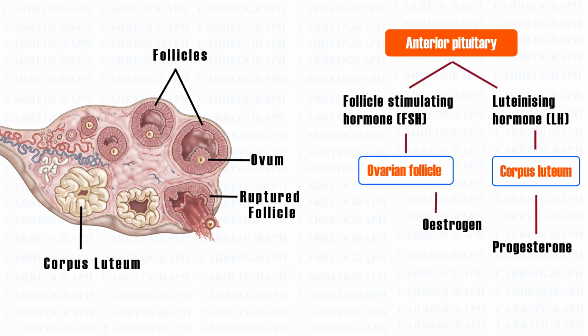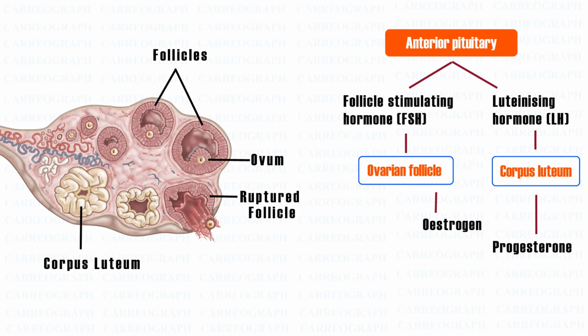The ruptured follicle, we call it corpus luteum, is yellow in color. Now, under the influence of LH hormone, this corpus luteum starts producing progesterone. So, on day 14, when the most matured follicle ruptures, the episode is known as ovulation.